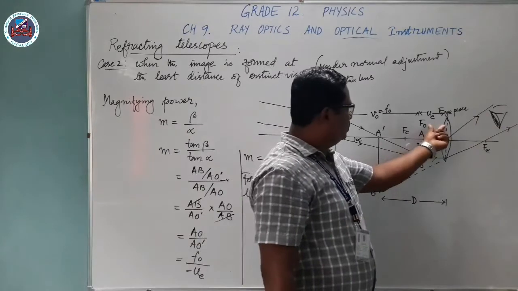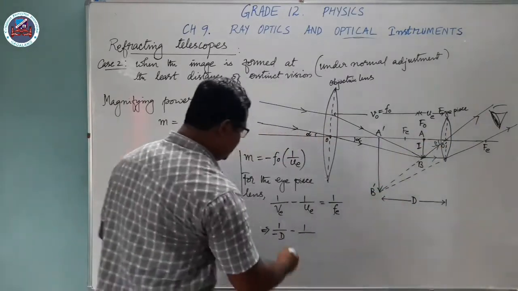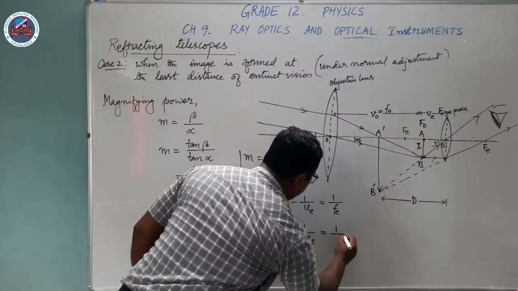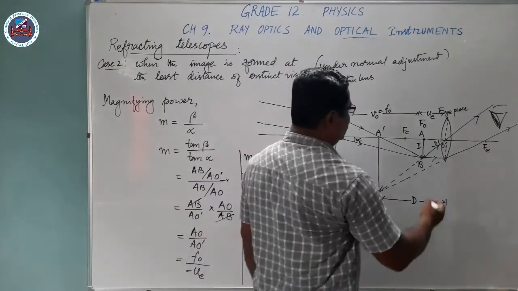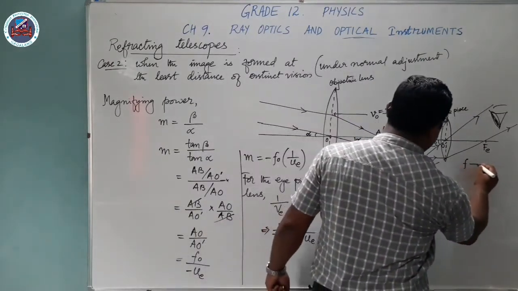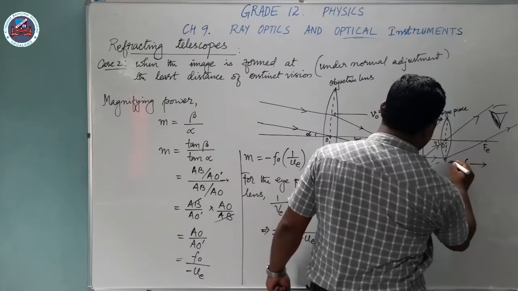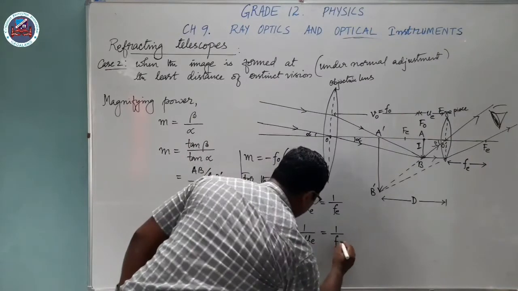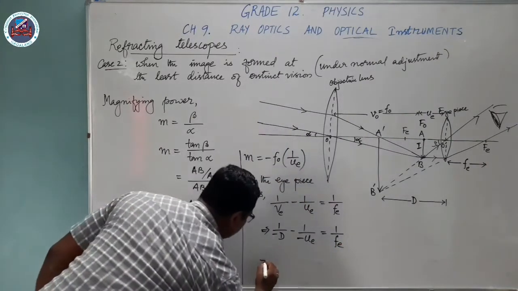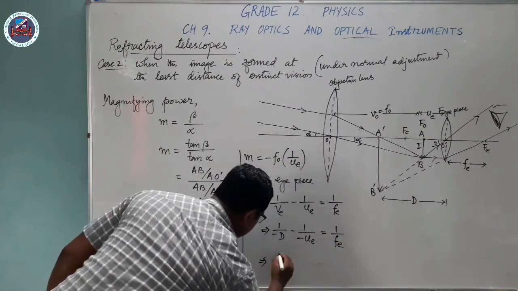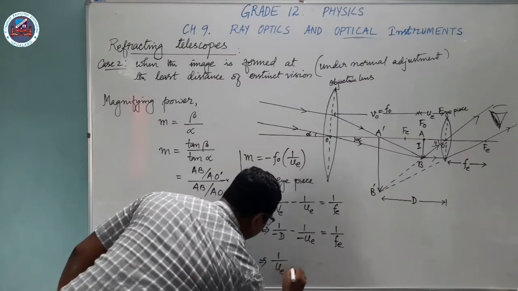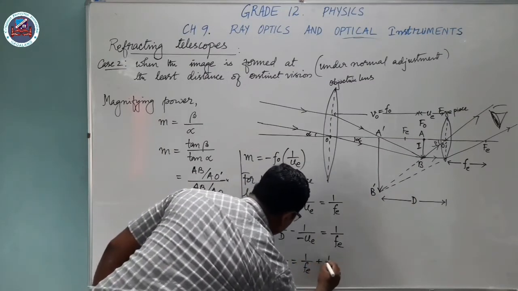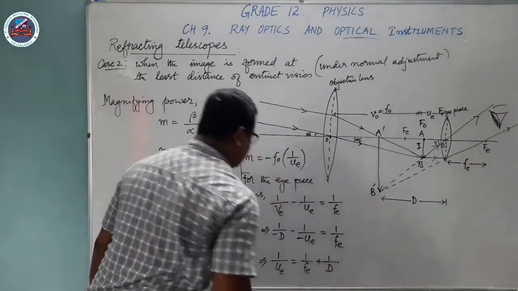UE is towards your left, so with sign convention it is minus UE, equal to 1 by FE. FE will be positive, because for a convex lens we take it as positive. So from here, minus into minus is plus, 1 by UE is equal to 1 by FE plus 1 by D.